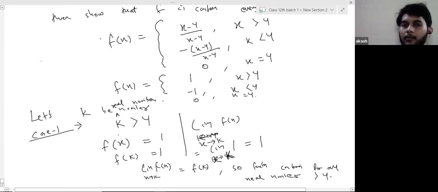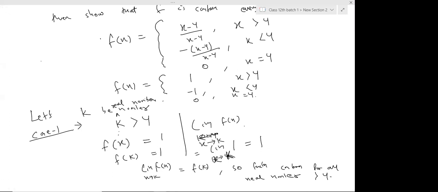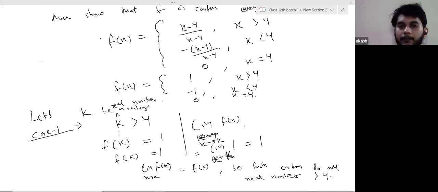I can write like this because I've assumed that k is more than 4, and I proved that this is true for all k. So this is continuous for all real numbers more than 4. This thing is clear or not, everyone? Yes, sir. All right, Shikhani, Ronaldo, Kulsum, Said. All right, please note it down. Then I have to scroll down.